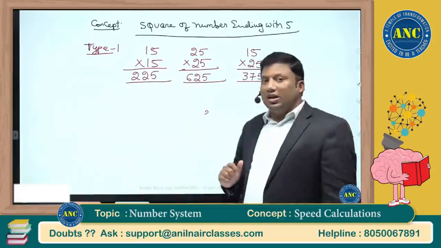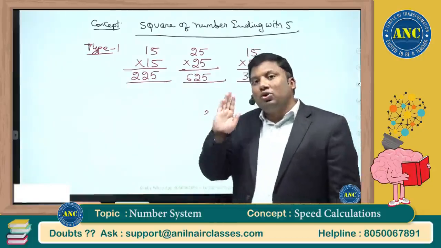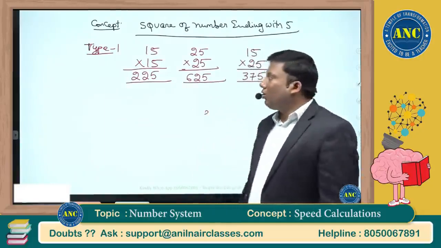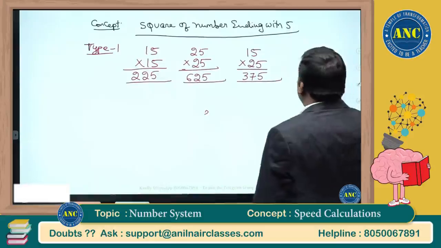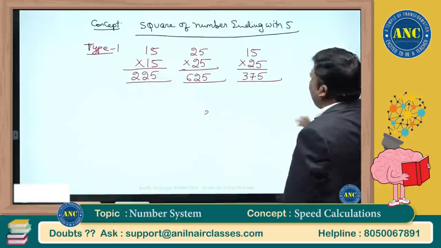Why did I take these three examples? It will help us to draw a very, very important conclusion. 15s are 225. 25s are 625. 15 into 25 is 375.